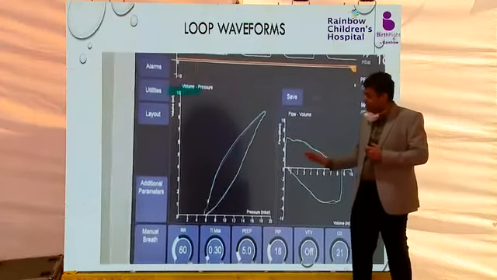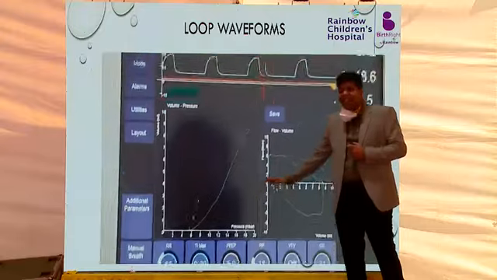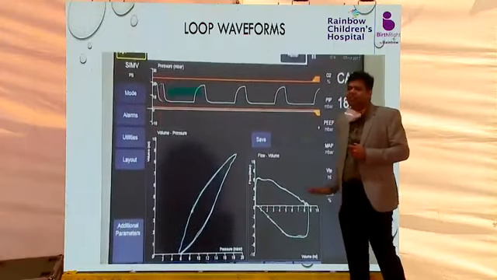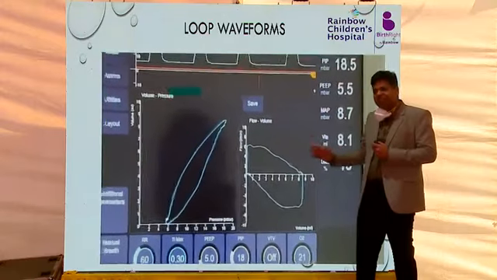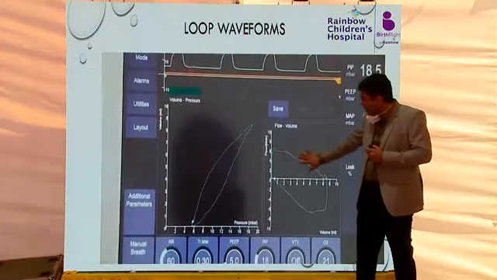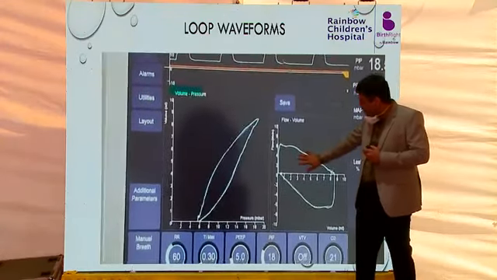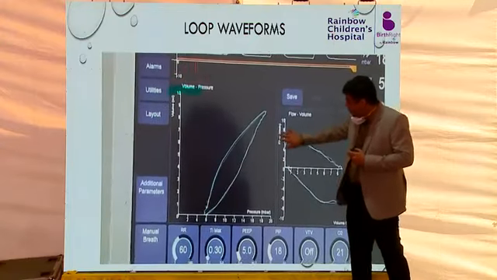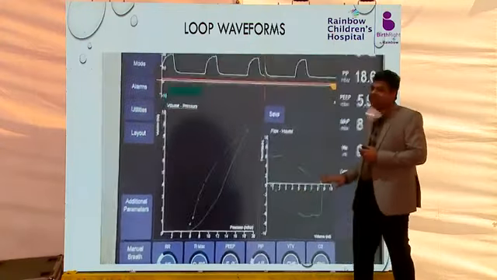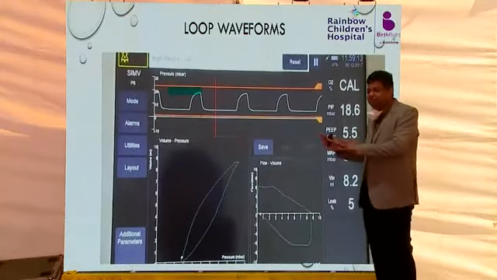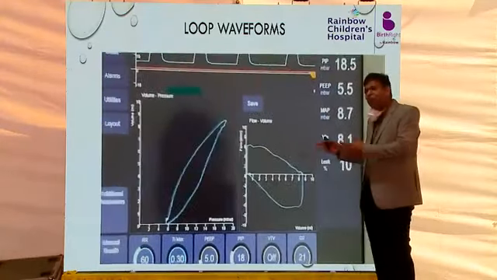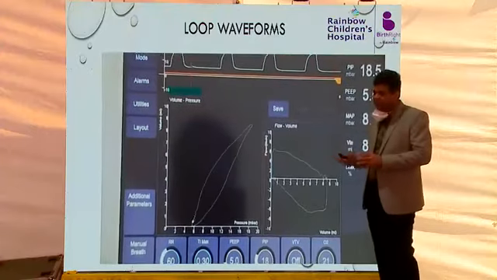By convention, on the x-axis is the pressure and on the y-axis is the volume, and in the flow-volume loop, the y-axis is the flow and the x-axis is the volume. This is the ventilator, so you have to remember it and imagine it this way.